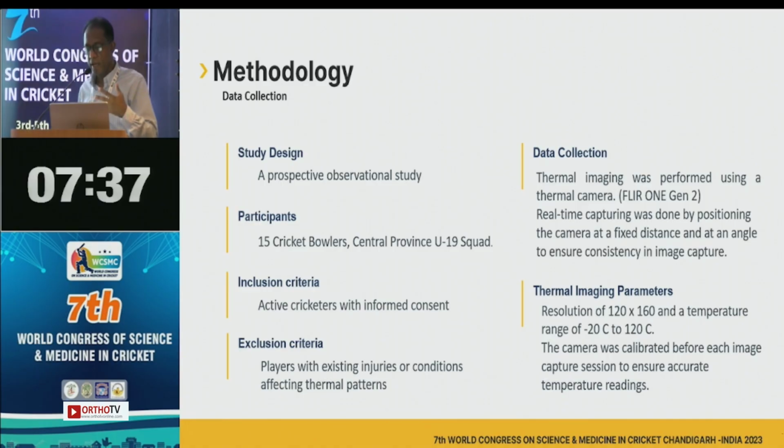You can use this camera and select the ranges, and we selected a range of 20 to 120 degrees Celsius. Each image was taken after calibration of the camera to maintain accuracy of the reading.